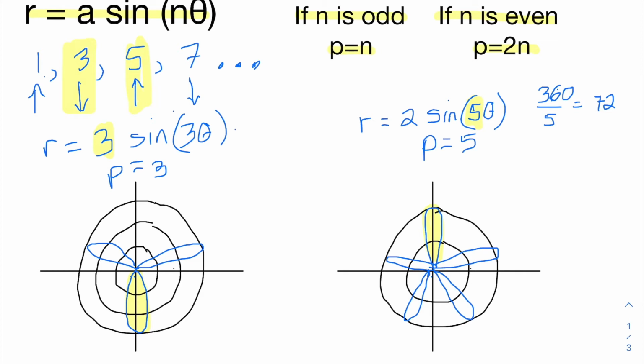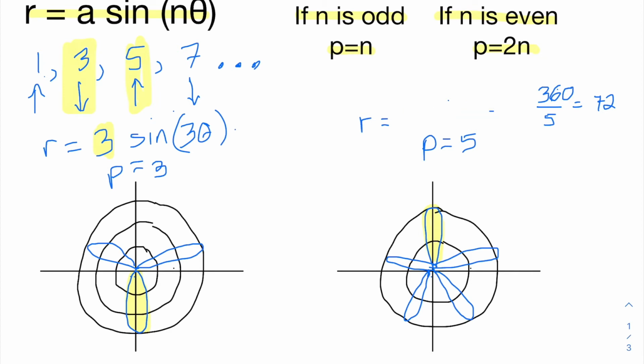So now we have one more factor to consider when we're looking at n as an odd value, and that's how does a impact things? So let's take a look at that, and I'm actually going to use our existing graph for 3 sine of 3 theta.